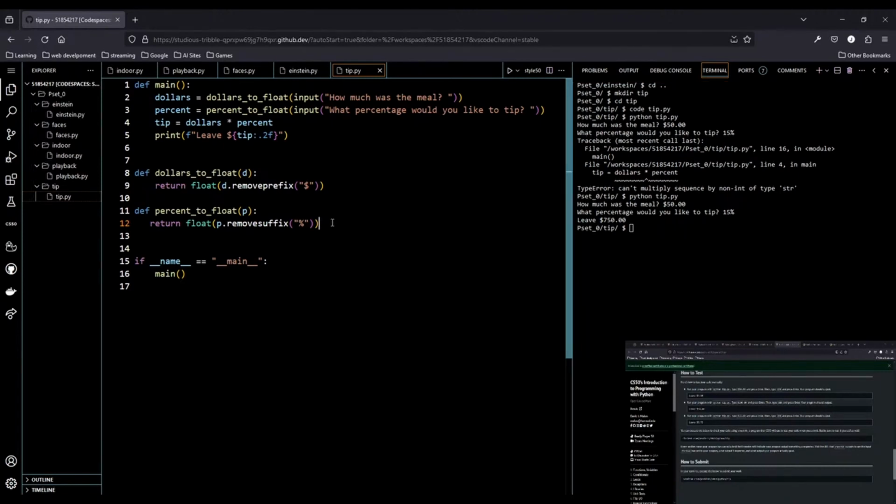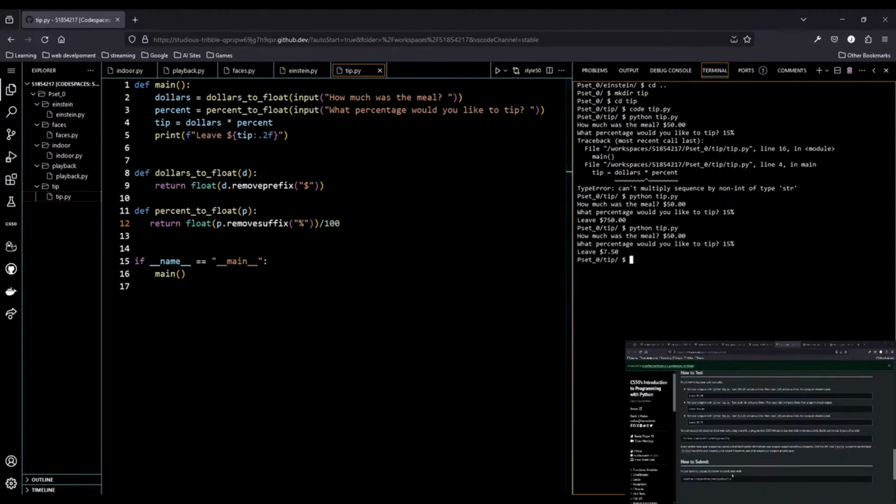Could I do this? Right. Okay. Yeah, because it was off by 2 decimal places, so we just had to divide that by 100, and that's good.